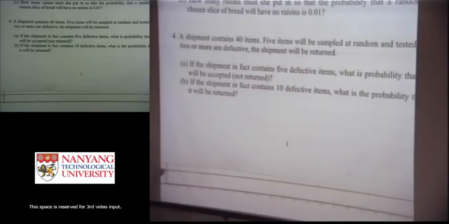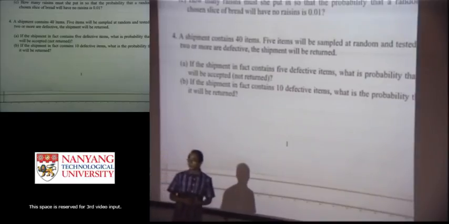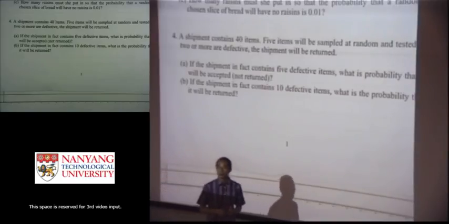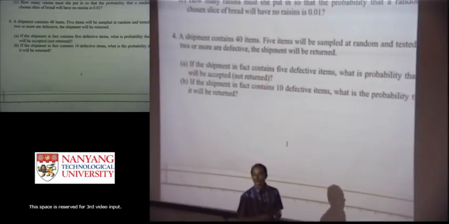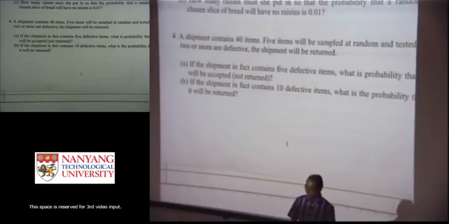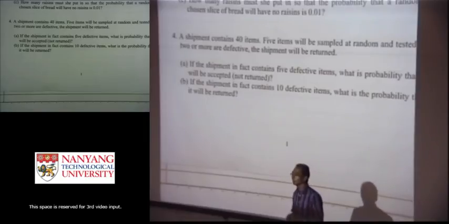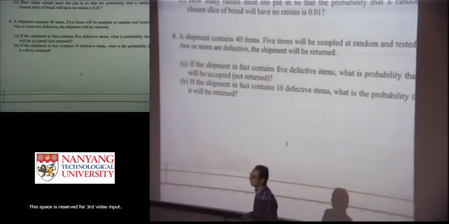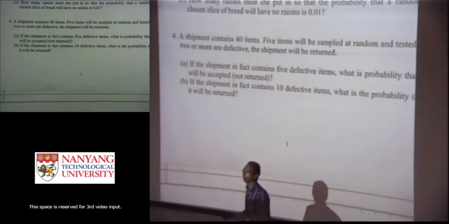So basically, capital R also equals 5. Then you just plug into the formula and get the answer. Just be alert that for question 4, you should use a hypergeometric distribution instead of a binomial distribution, because the population size is small.